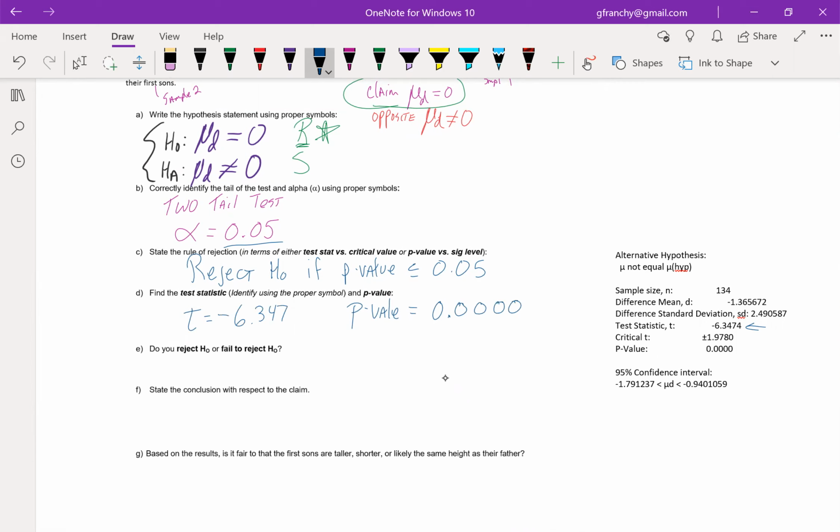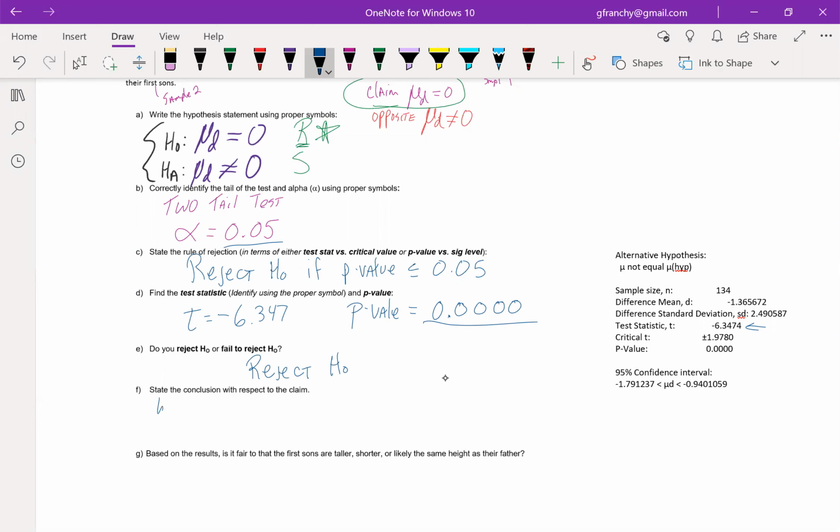And that p-value is not surprising considering our test statistic is more than 6 standard deviations away from what we would expect if there was no difference. So we got quite the difference here, enough of a difference that we are able to reject our null hypothesis, because all zeros is definitely less than 0.05.